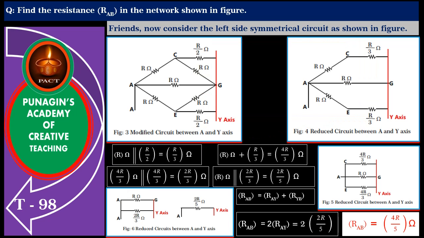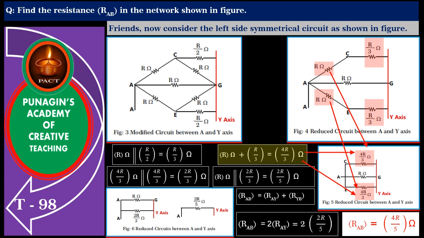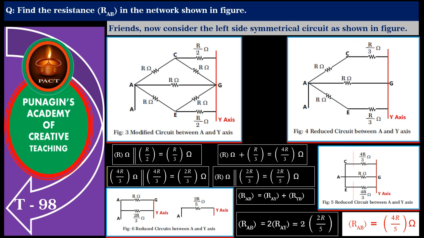Again, you find that on the top side and on the bottom side, R ohm and R by 3 ohm are in series and their equivalent is 4R by 3 ohm as shown in figure. Now, two resistances, each of 4R by 3 ohm are in parallel and their equivalent is 2R by 3 ohm as shown in figure.